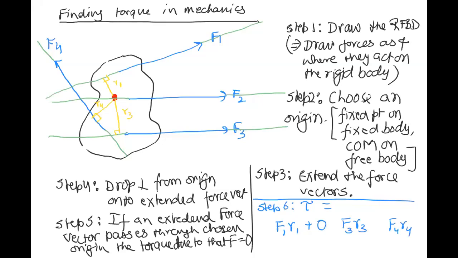So basically, the magnitude of torque is equal to magnitude of force multiplied by the length of the perpendicular. The magnitude of torque generated by a force is nothing but the magnitude of that force multiplied by the length of the perpendicular that you have dropped from your chosen origin onto that extended force vector.